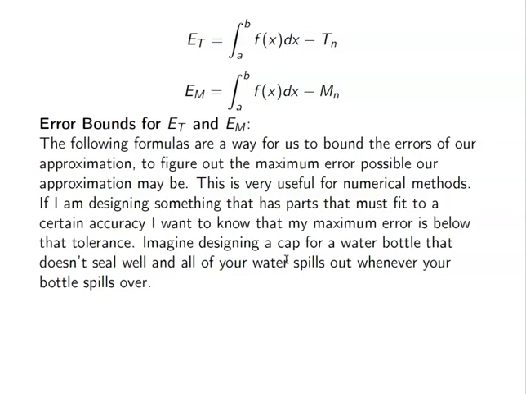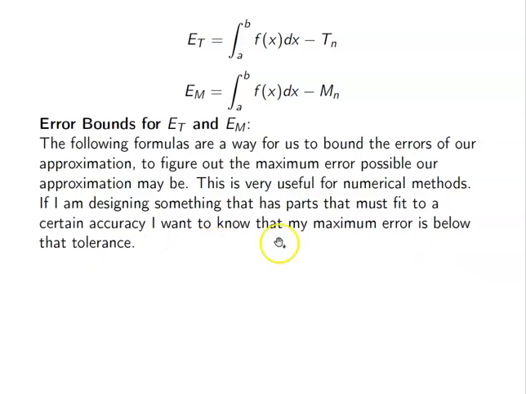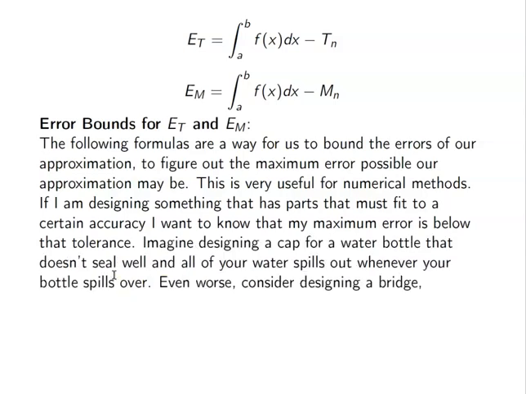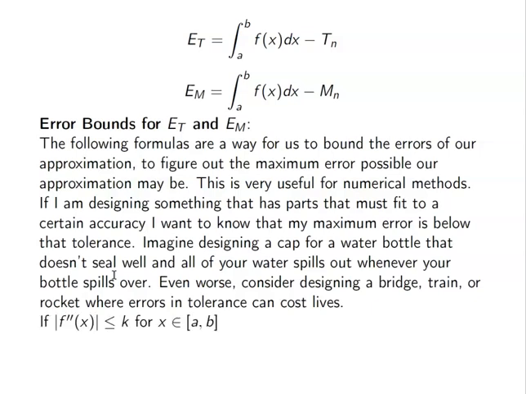You didn't design the cap to fit well enough because you didn't calculate the error tolerance for the top that you were designing, okay? So now imagine the same thing, but when you're building a bridge or a building or a train or an airplane or a rocket, right? Those errors can cost lives, and they have, right? People have died from miscalculations and not calculating the errors correctly. So let's talk about how to do this.